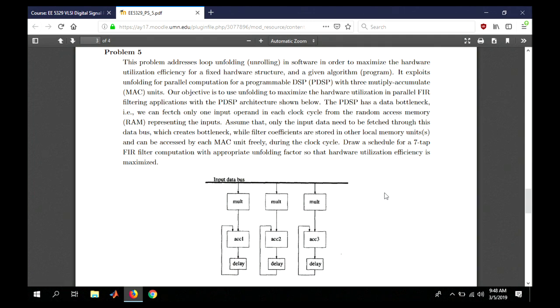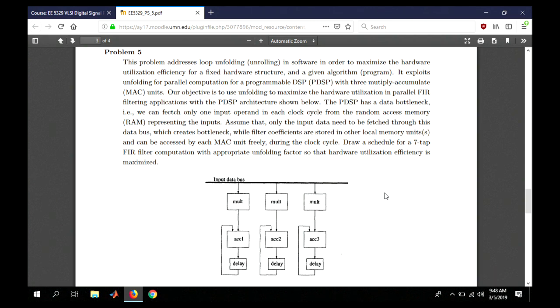That would be a different problem. Instead of that, we are saying that the 3 have access to only one data bus. I tried to solve it just before coming to class, because it is a difficult problem and requires some thought.